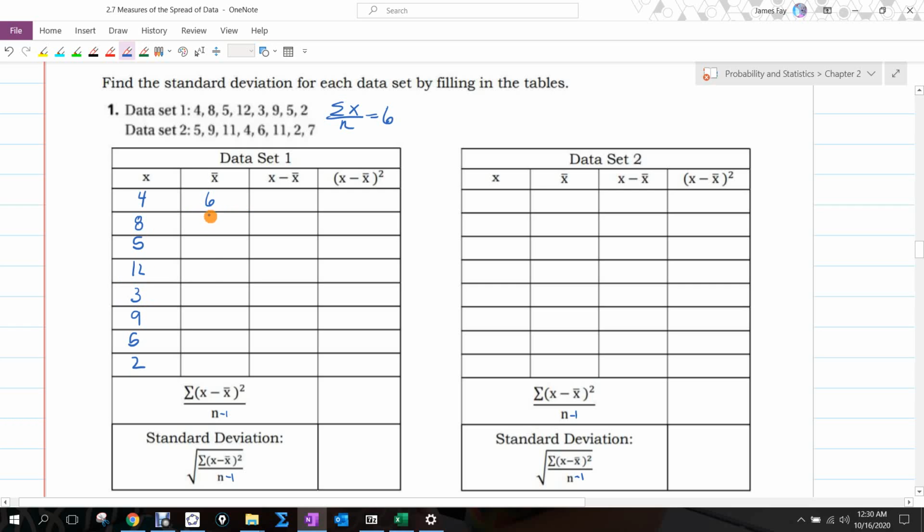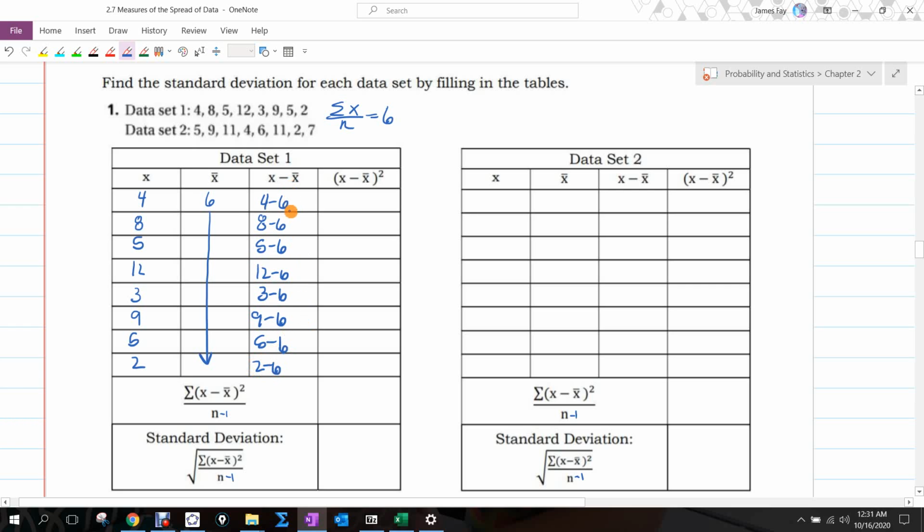And if our mean is 6, we'd fill that column with 6. Now my deviations would be 4 minus 6, 8 minus 6, 5 minus 6, 12 minus 6, 3 minus 6, 9 minus 6, 5 minus 6, and 2 minus 6.